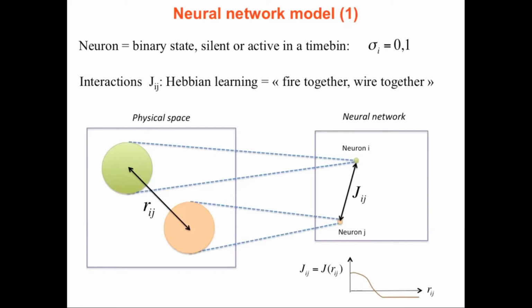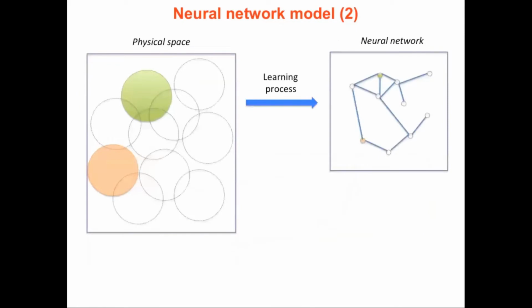Okay, so this drawing was for the case of two neurons, but of course in the hippocampus, or in our neural network models that we draw on paper or in our computer, there are many more than two neurons. And so you can imagine that after a learning phase you will end up drawing some kind of network which represents the topology of the network of place fields here.